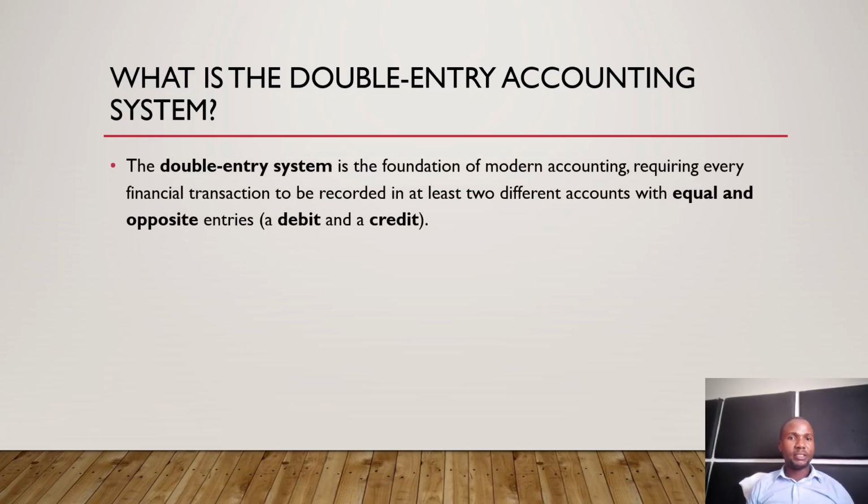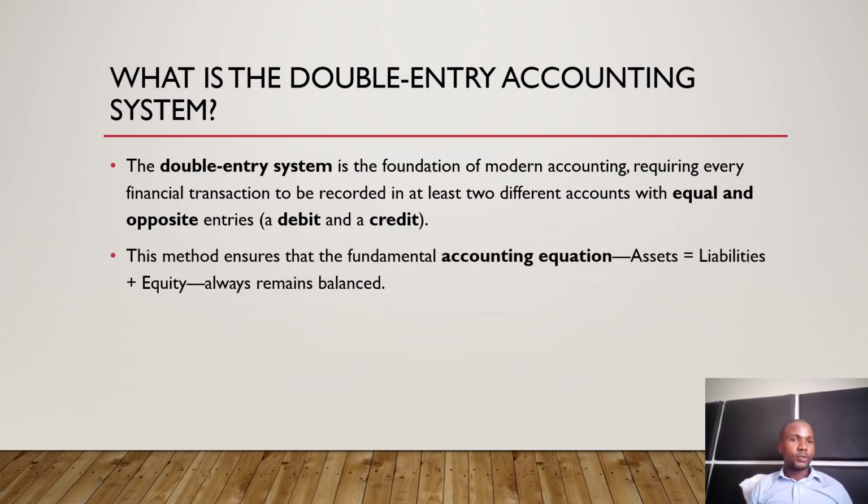The double entry system is basically the foundation of modern accounting, requiring every financial transaction to be recorded in at least two different accounts with equal and opposite entries, which in this case we will be referring to as debit and credit. This method ensures that the fundamental accounting equation always remains balanced, as we're going to see in due course.